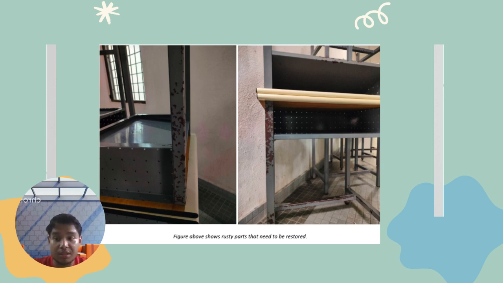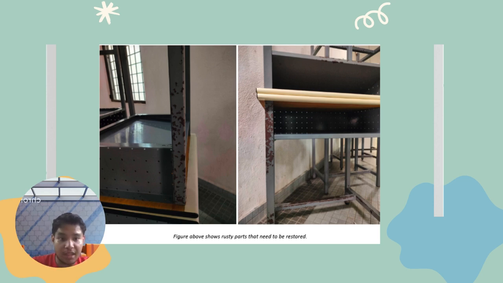Since the project runs on the weekends itself, we can run the inspection and analyze which parts of the tables we need to restore and paint. And we bring the tables to the Colosseum KOE and we did the project there. The analysis is really important because we want to know how much paint and also undercoat paint we need in order to paint those rusty parts and so on.